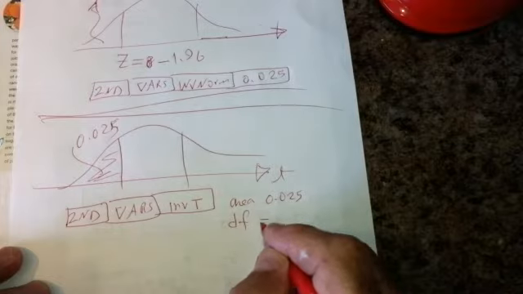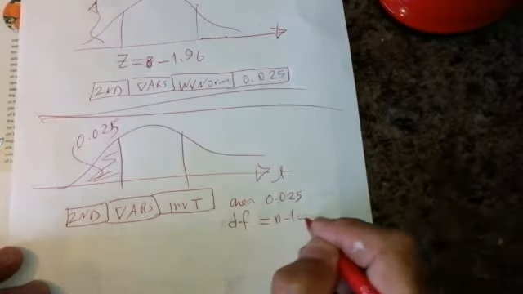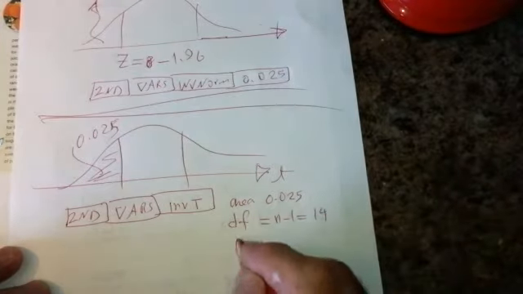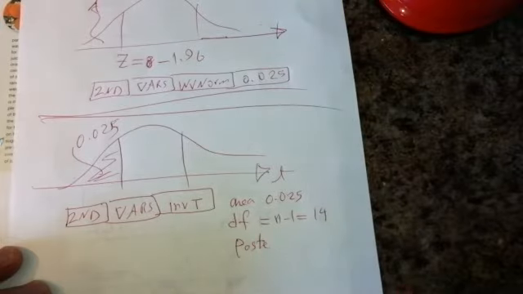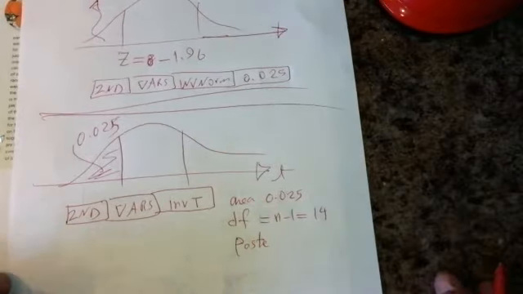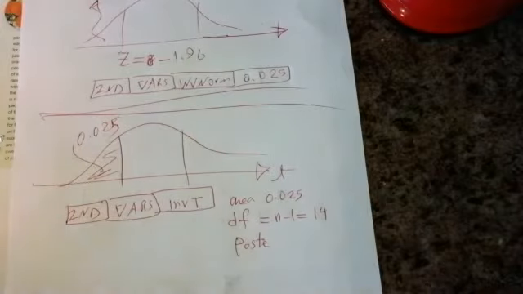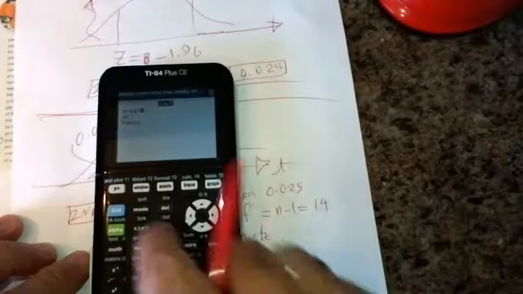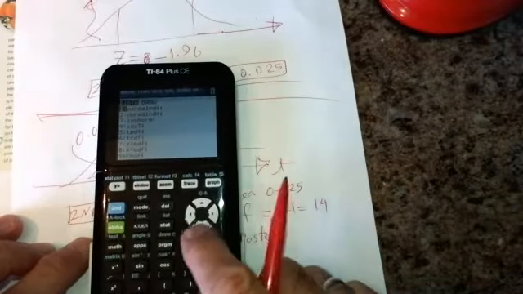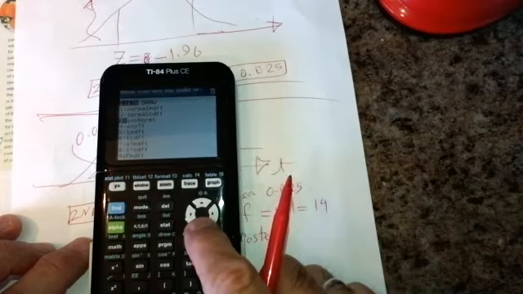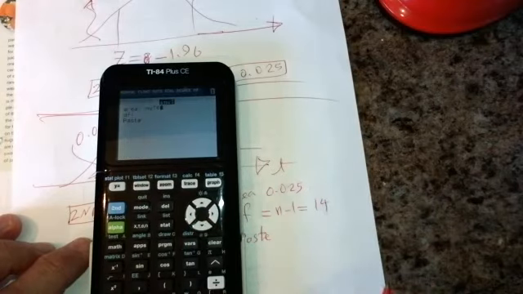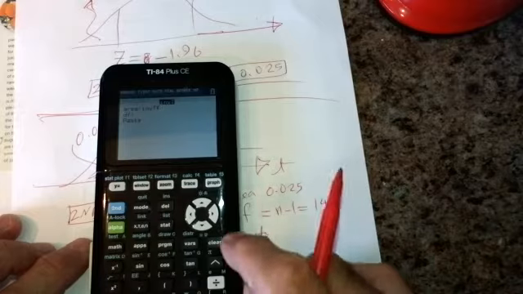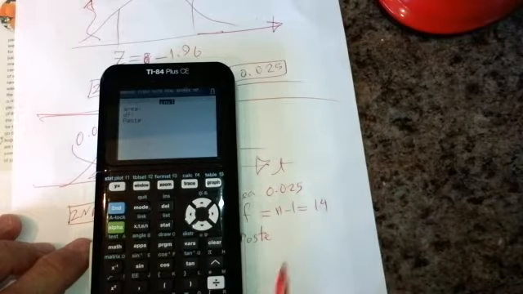DF was n minus 1, which is 14, and then you paste it to find the numbers. Second vars, inverse T, number 4. Area is 0.025. DF is what, 14?